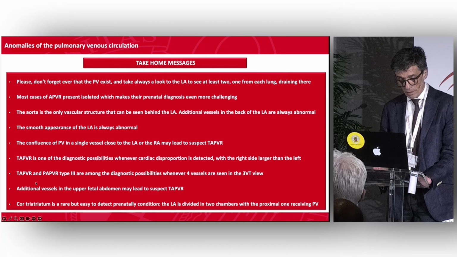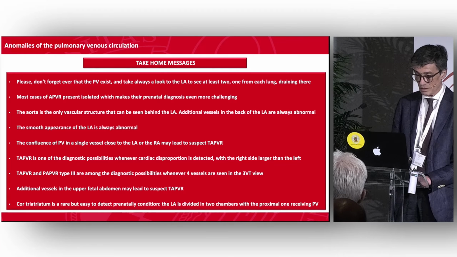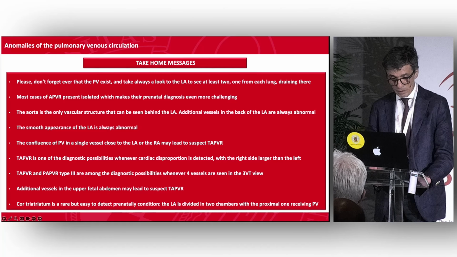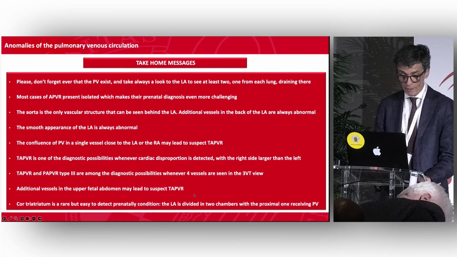Totally abnormal pulmonary venous return and the partially abnormal type 3 are among the diagnostic possibilities whenever 4 vessels are seen in the 3-vessel trachea view. The most common is the persistent left superior vena cava, but this is not the only one. Additional vessels in the upper fetal abdomen may lead to suspicion of totally abnormal pulmonary venous return, especially type 3.